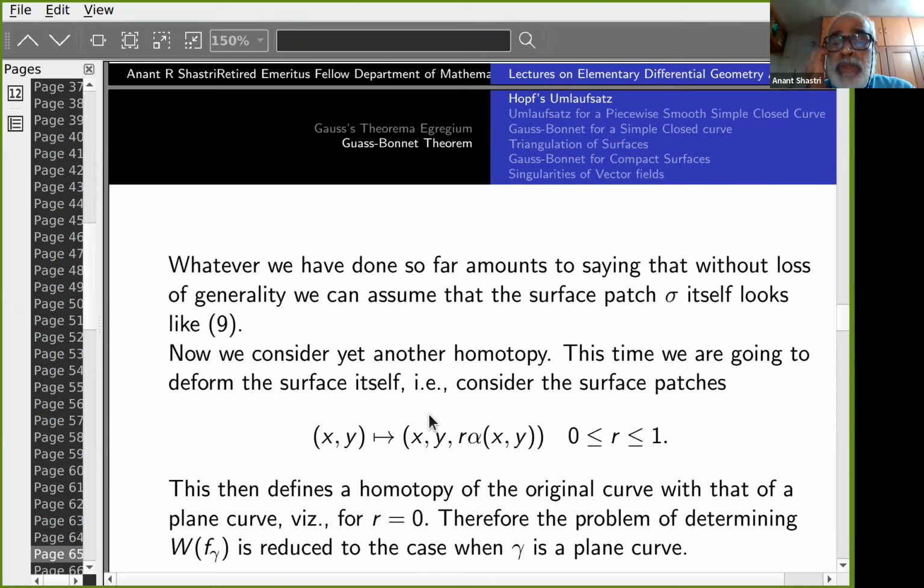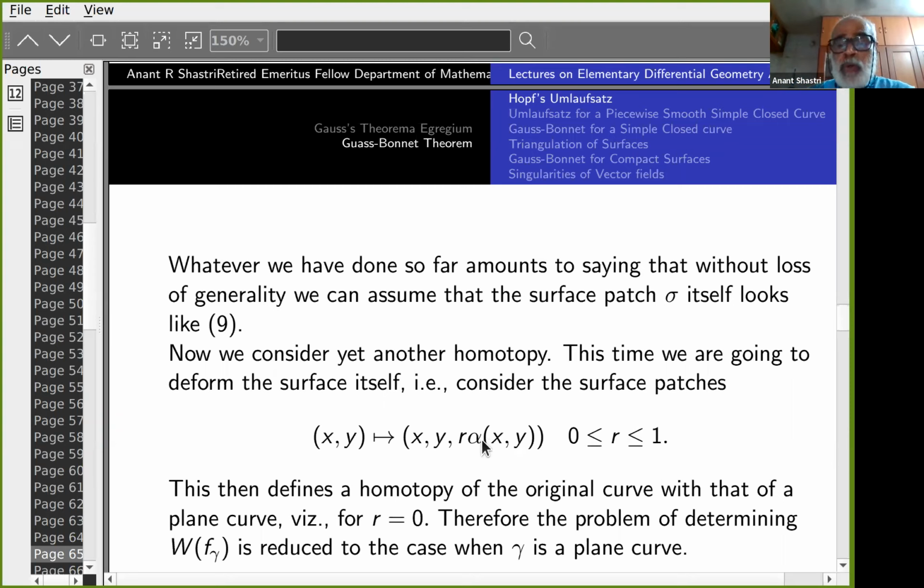So this time, again, we are not changing the curve. Curve will be coming along the surface, but we are considering a family of surfaces which comes slowly down to the surface patch, namely a portion of the xy plane itself. So when r equal to 0, we have got this one.